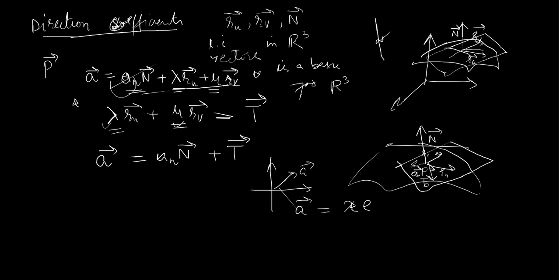But then we also write it as (x, y), because once the basis is fixed, there is no confusion in what we are referring to. Similarly, since we know the basis is r_u and r_v for the tangent plane, we usually refer to this tangential vector T by just its components, the numbers lambda and mu.